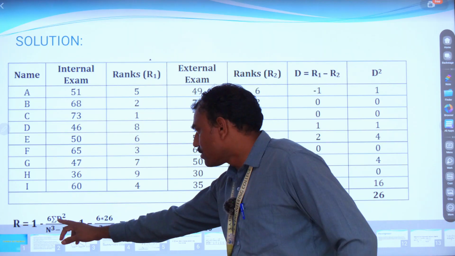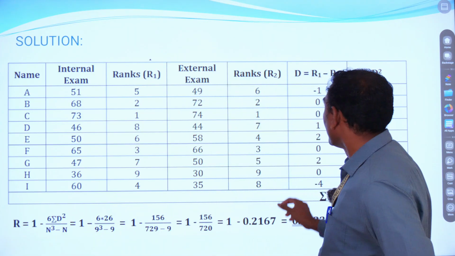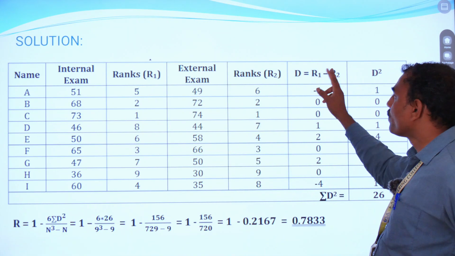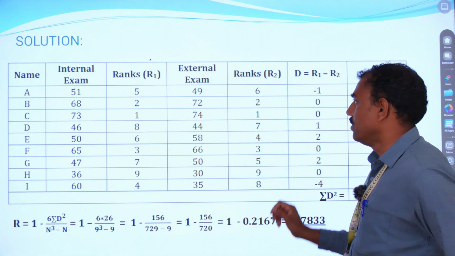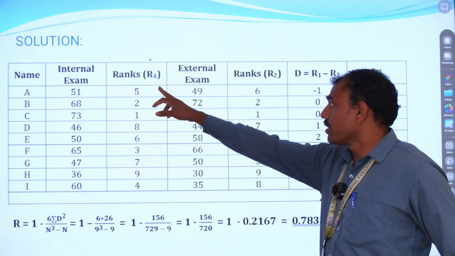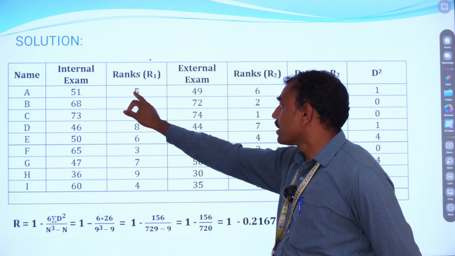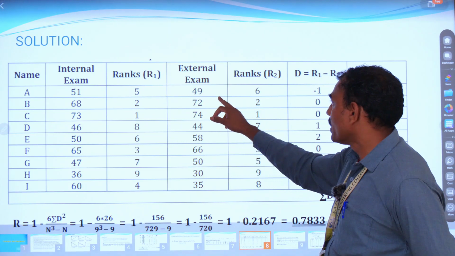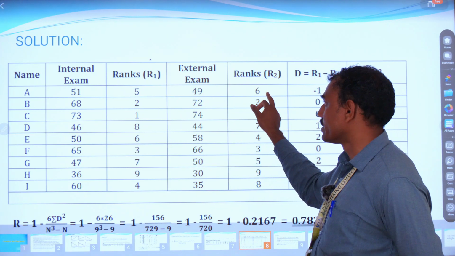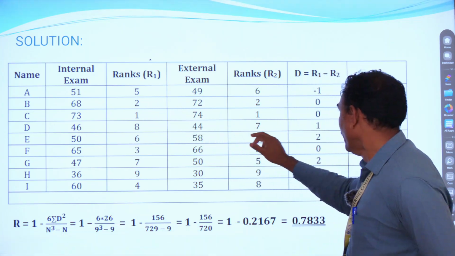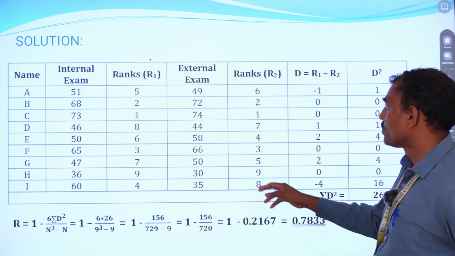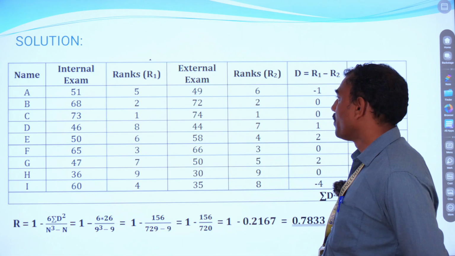Next we need d. d equal to the difference of the two ranks, R1 and R2. For the first name, A, the rank in the internal exam is 5 and in the external exam is 6. So 5 minus 6 equal to minus 1.